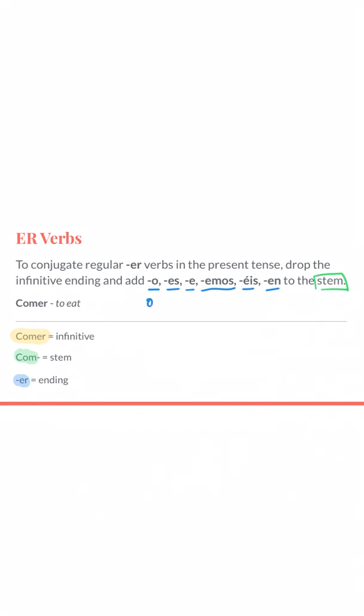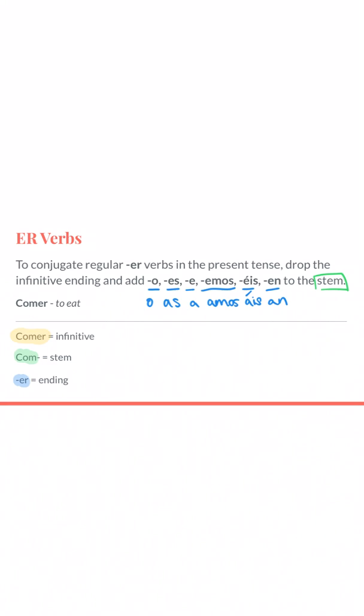It was o, as, a, amos, áis, and an. Do you see it yet? If you have our AR verb endings down pat, you also already know your ER verb endings, because all we do is replace every A with the letter E.